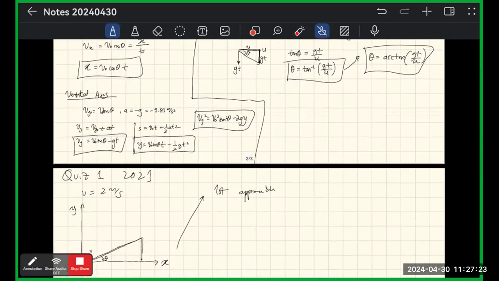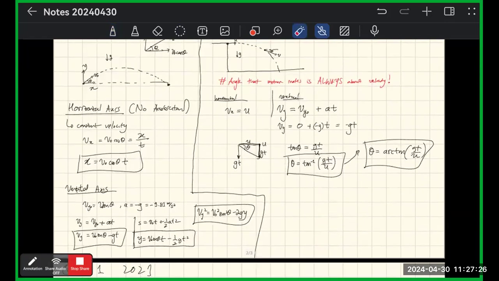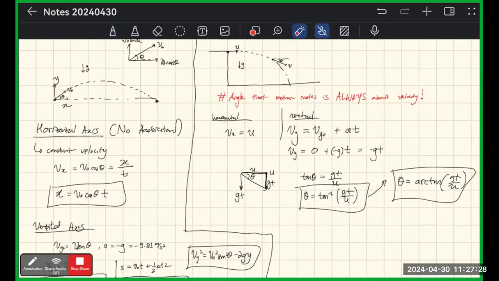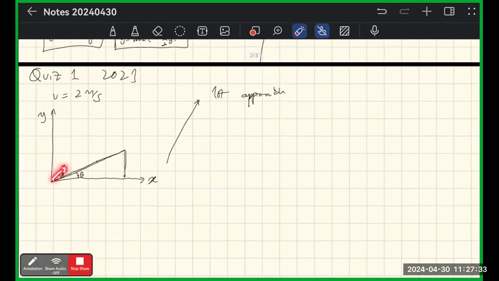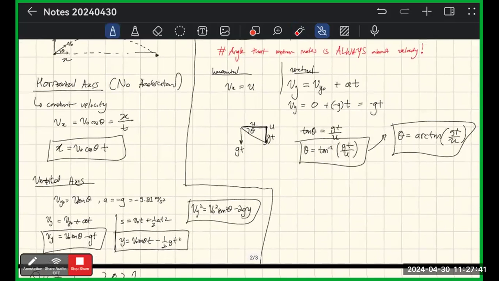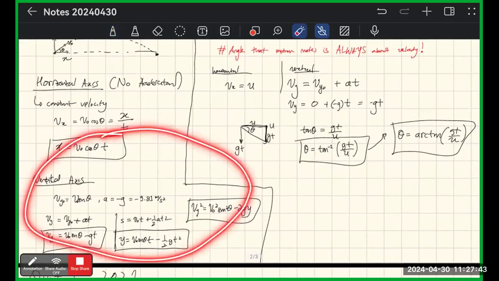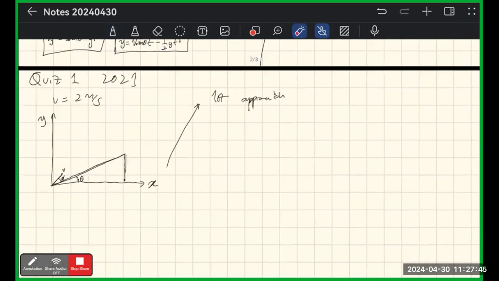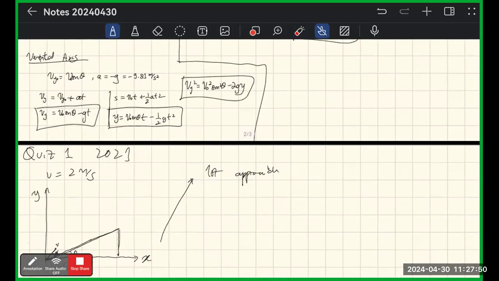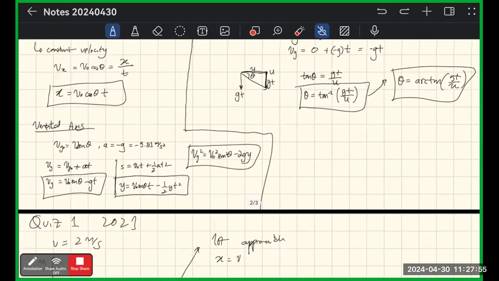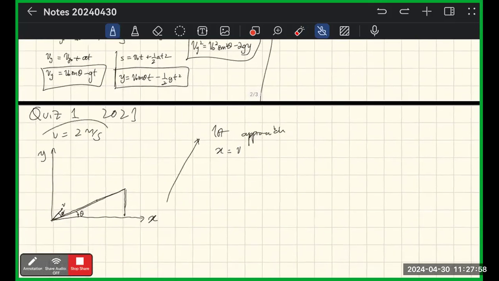In regular parabolic motion, the angle is always with respect to the ground. So for this motion, the angle with respect to the ground is phi added by theta. Everything in this equation, just replace the theta here by phi plus theta. So x equals v naught, which is v itself. It's given v, which is 2 meters per second.